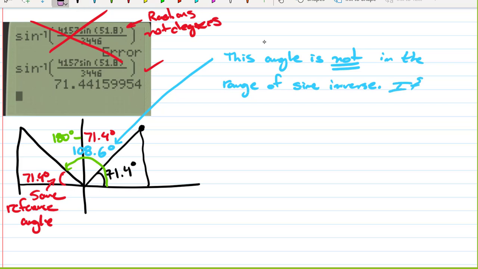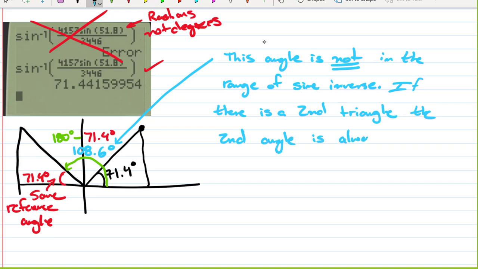If there is a second triangle, the second angle, so theta 2, is always 180 degrees minus theta 1.